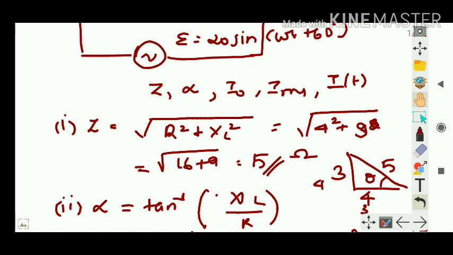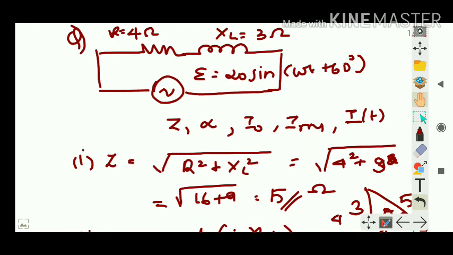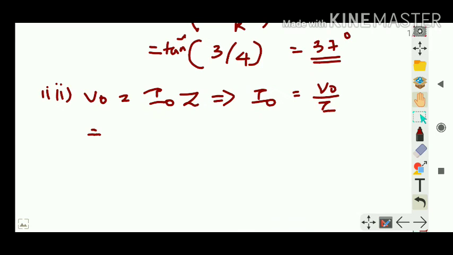It is given as V naught, or epsilon naught, right? So epsilon naught or V naught, same. So it is 20 given. So I will write this as 20 divided by the Z value, which you just found as 5. So you will get 4 ampere as your peak current, right?